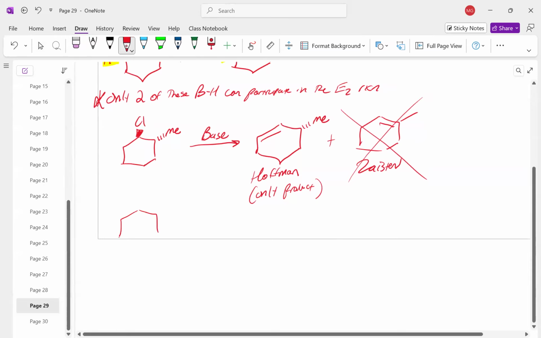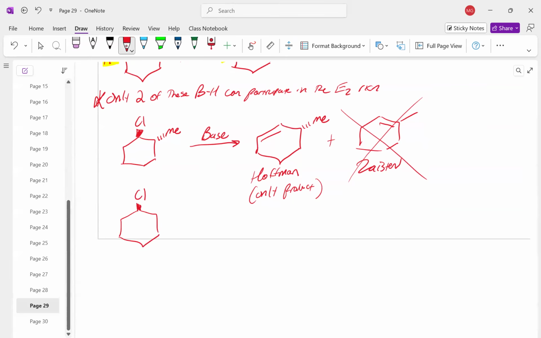So let me redraw this by drawing in all of the possible beta hydrogens. Now, do you kind of see why a base would not be able to deprotonate this hydrogen?